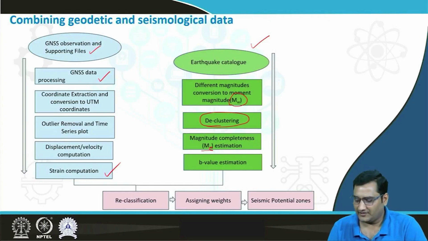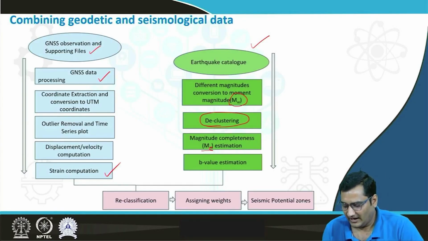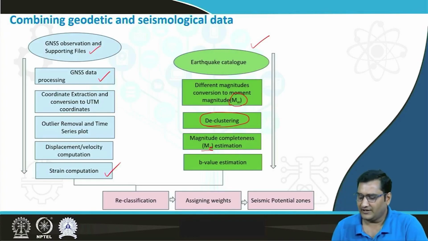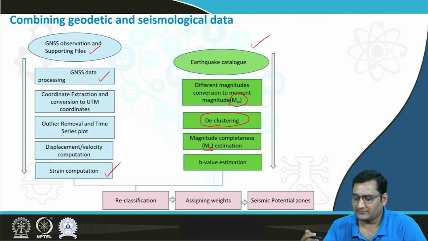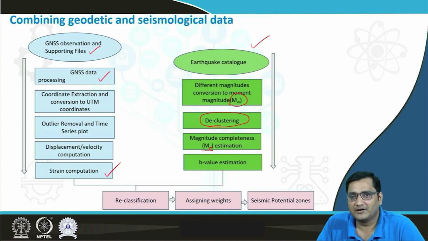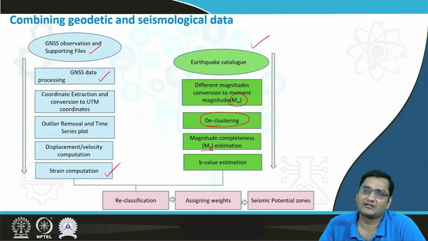Thereafter, we will be performing the b-value estimation, and this b-value is very important. If, suppose, the b-value of an area is high, that means smaller magnitude earthquakes are more likely in that area. If it is a lower value, then the area is more susceptible to higher magnitude earthquakes.